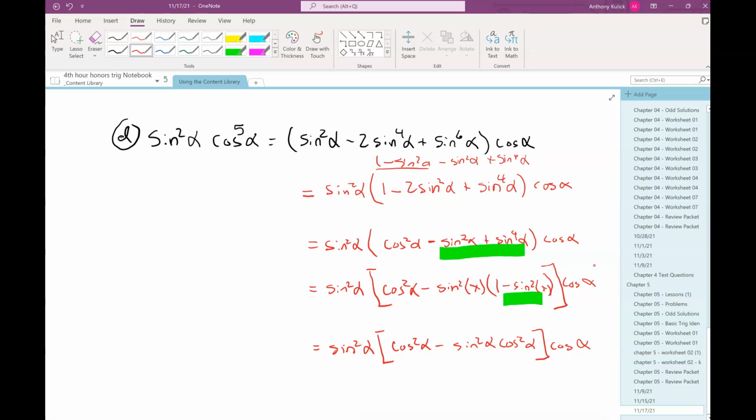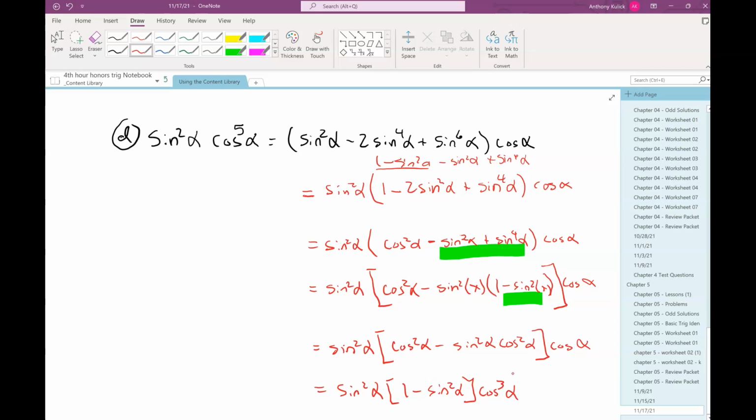This was very good now. Look at the inside. What do you see? Can't combine them. Factor of cosine. Yeah, there's a greatest common factor of cosine squared inside the bracket, right? So let's factor that out. I'm just going to combine that into the cosine that's already out there at the end, so I don't have to write it again. Everybody's okay with that? You could write it separately.